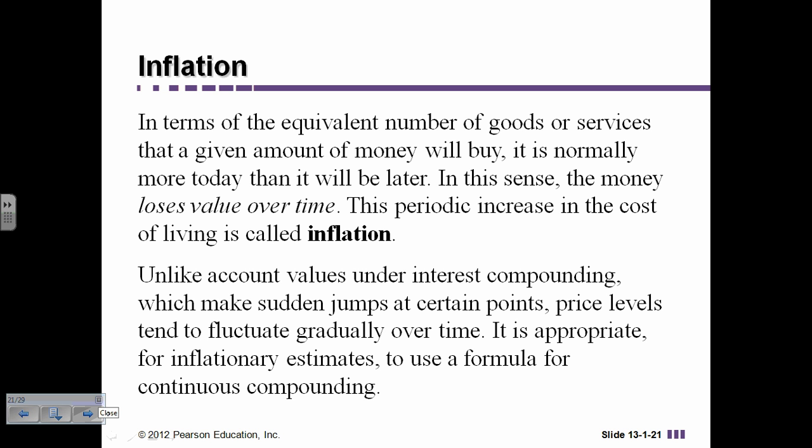All right, so inflation. What we're talking about with inflation is this idea of the value of goods increasing over time, and that money actually loses value over time. This term is called inflation.